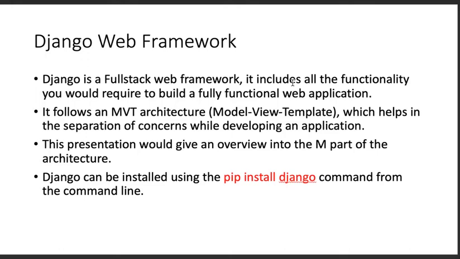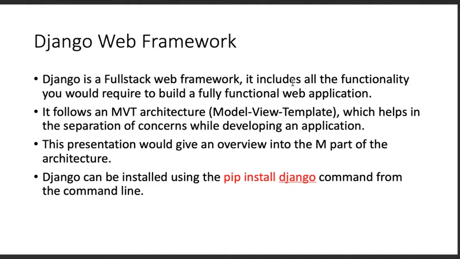Django follows an MVT architecture, which is similar to MVC, where the M stands for the model, the V stands for the view, and the T stands for template. Now, this architecture helps in the separation of concerns when building an application. The model just deals with handling the database, the view handles the request and response objects.